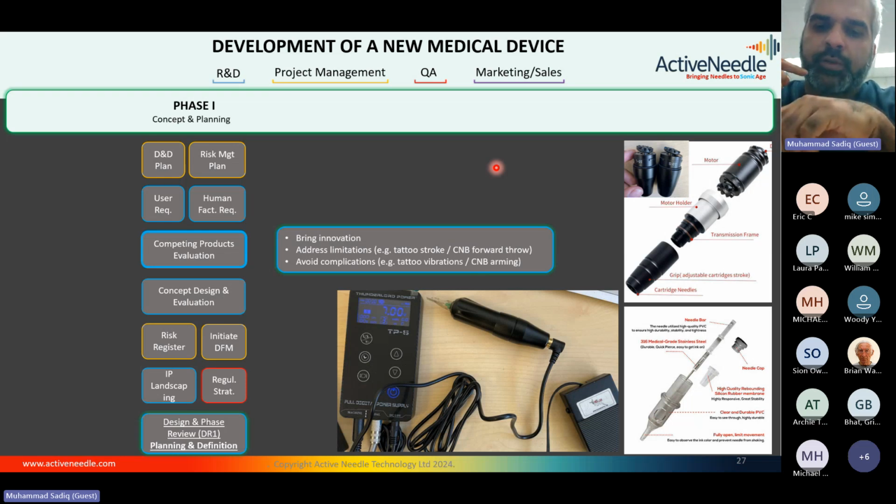So we built in a mechanism in the device whereby it was still semi-automated. You position the needle at the desired target location, then you pull back the mechanism, arm it, and then fire it. So you don't get that forward throw, which is essentially a blind throw.